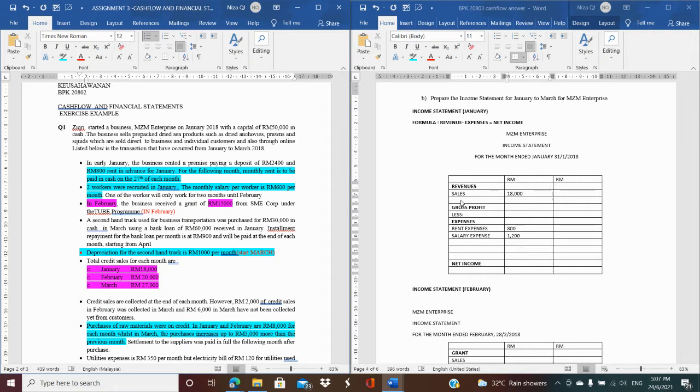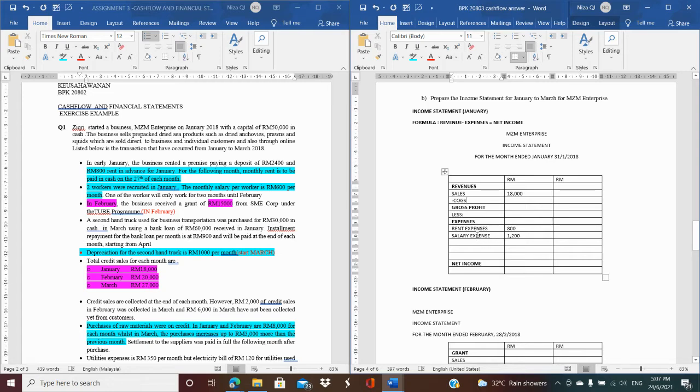And the cost of goods sold, we do not put it under the operating expenses. We will usually deduct it from the sales, under the revenue. This is the cost of raw materials. For February the cost is 8,000, and January the cost is also 8,000. For March it will be 8,000 plus 3,000, so 11,000.